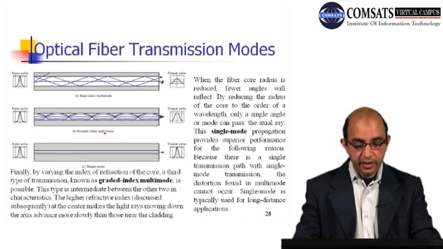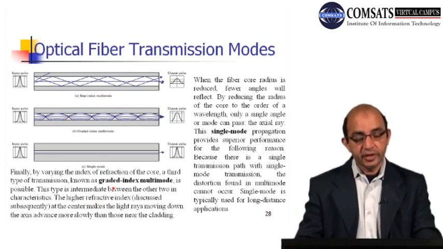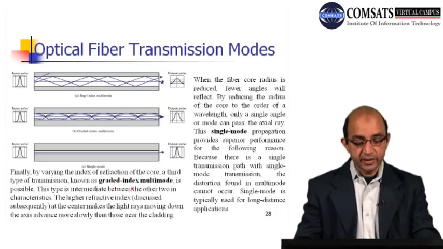And then here we have graded index multimode. You can see that this is intermediate. Here we have reduced radius, here we have high radius, and this is in between. This sort of configuration is called graded index multimode.